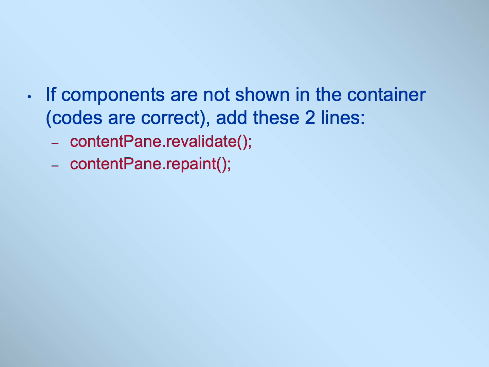If the components are not shown in the container and your code is correct, add these two lines, contentPane.revalidate and also contentPane.repaint. So this will revalidate and also repaint the components that you have.